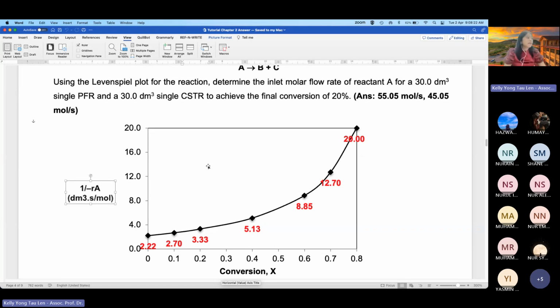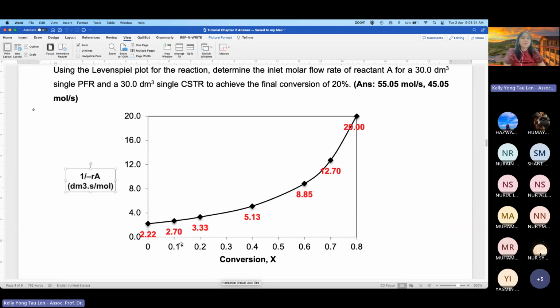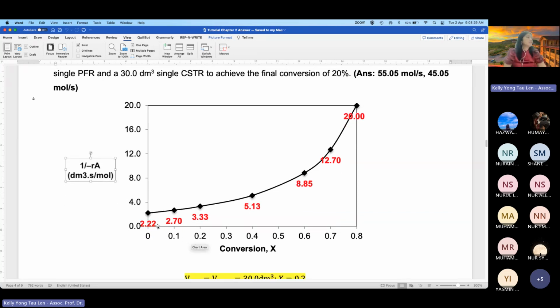Meaning, for example, in this figure, at my conversion 0.1, my 1 per minus RA is 2.7. Meaning that when my X is 0.1 or 10%, my corresponding 1 per minus RA is 2.7.